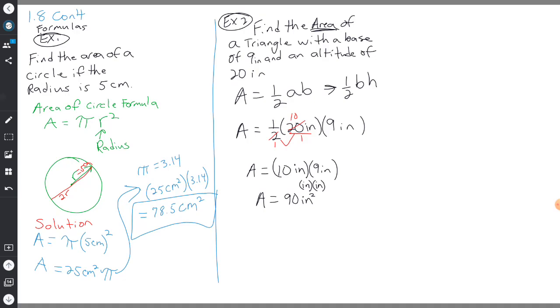But certainly, that's one way that you can do it. Because we have inches times inches, it's just like writing this as 10 times 9 and then inches times inches.